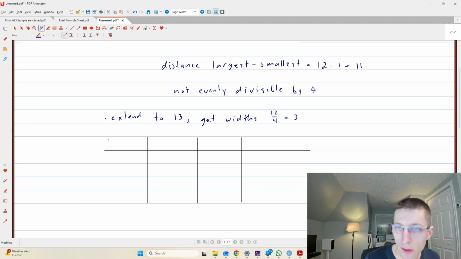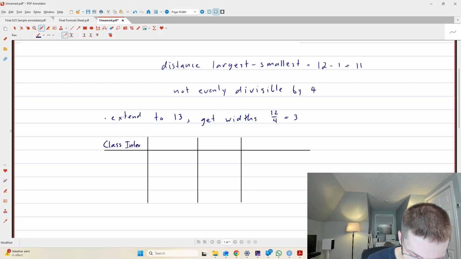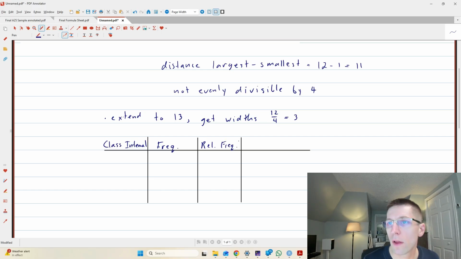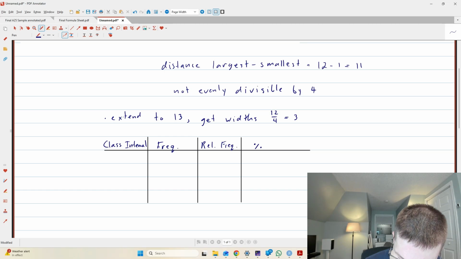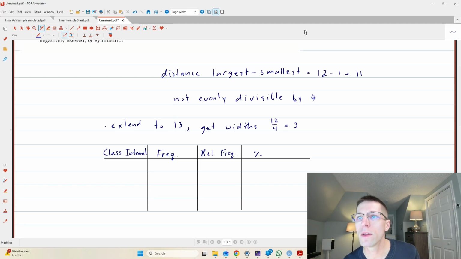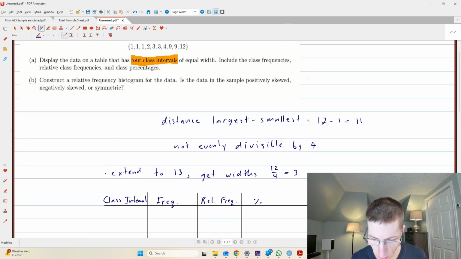So we've got interval, frequency, relative frequency, and percentage. And here we have 10 numbers. Write that down.